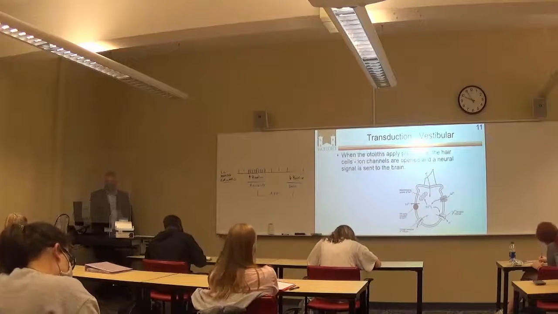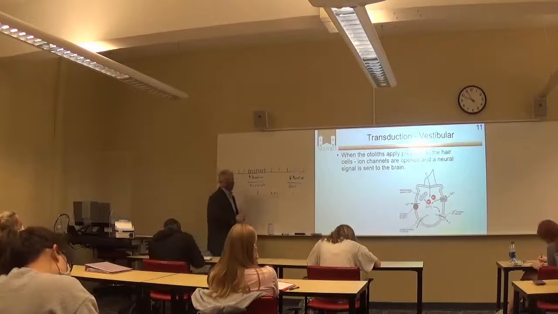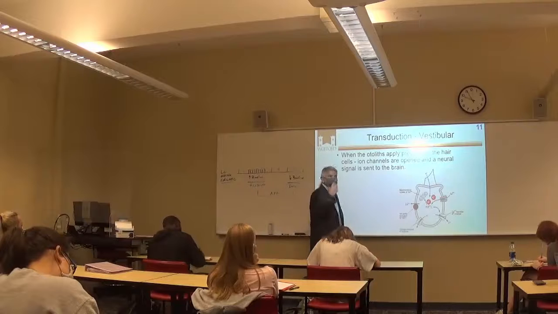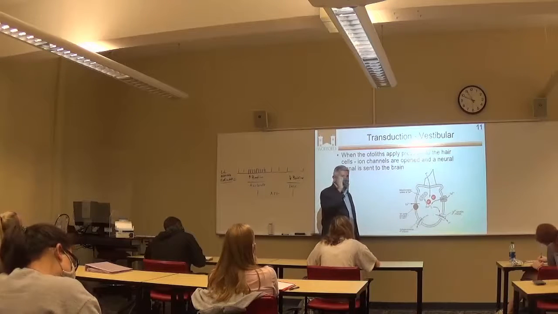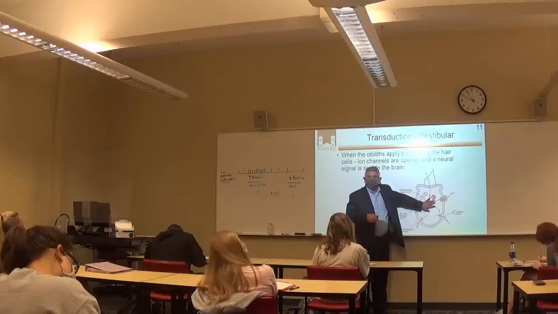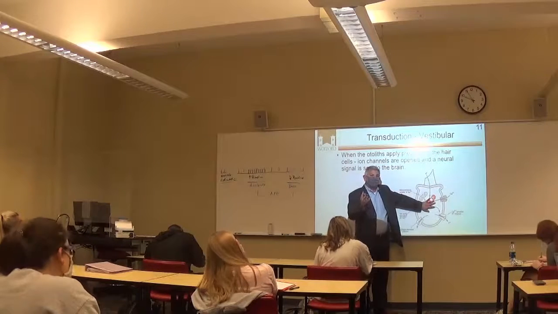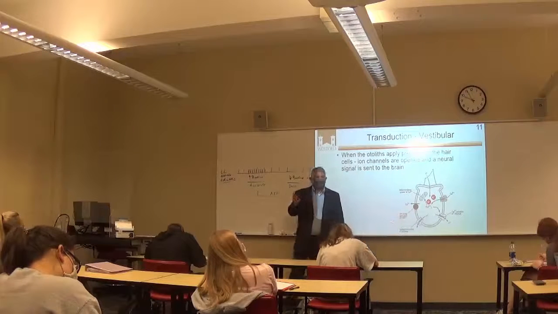All right. So this is the same thing that happens in the otolith organs. Same sort of transduction. Bend in one direction, those hair cells open, bend in the other direction, they close. When they bend, it's not like a neuron. So in a neuron, the EPSP was caused by what ion? Sodium.